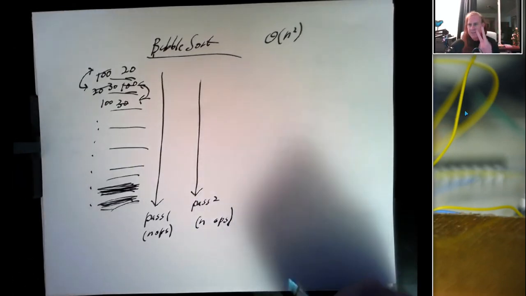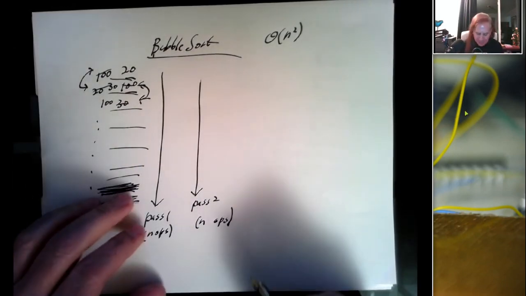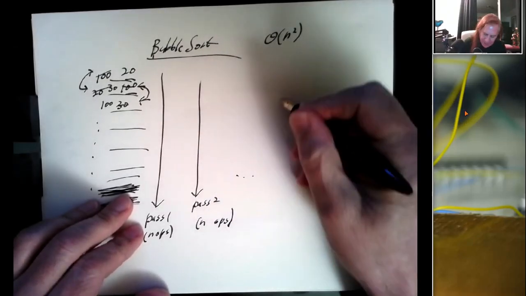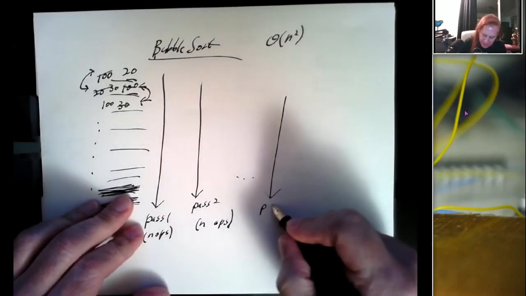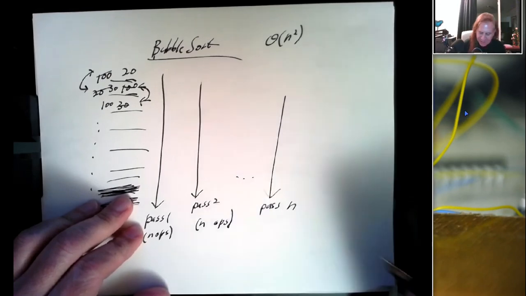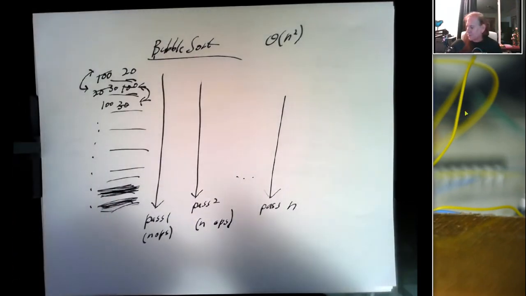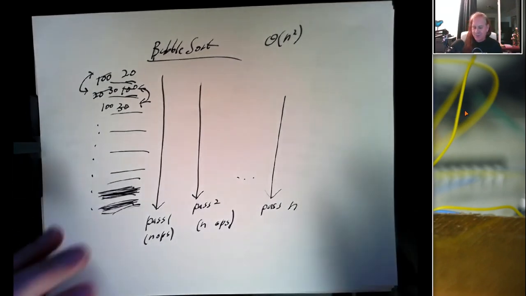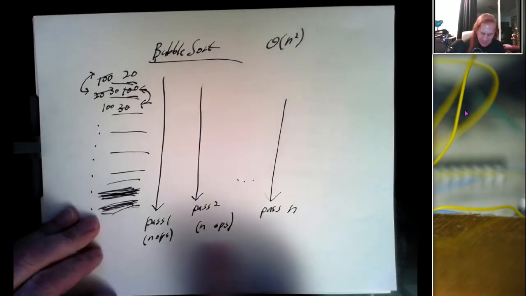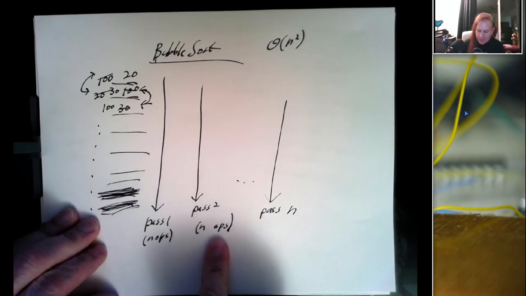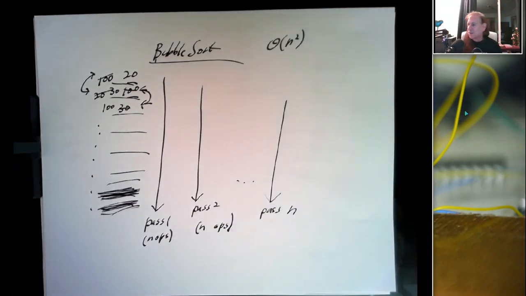So 2 passes, 2 numbers in the right spot. So if we continue this for on the order of n passes, we should end up with all n numbers in the correct location in our array, and our array is sorted. So it's n passes, each pass takes n operations. That's where we get the order n squared behavior.